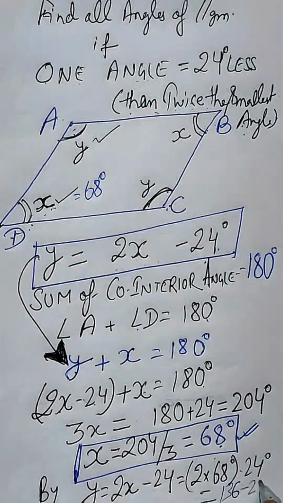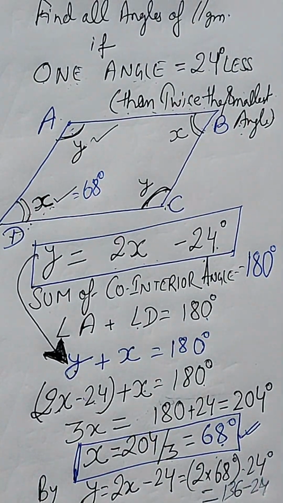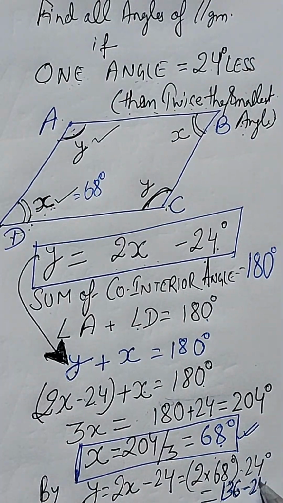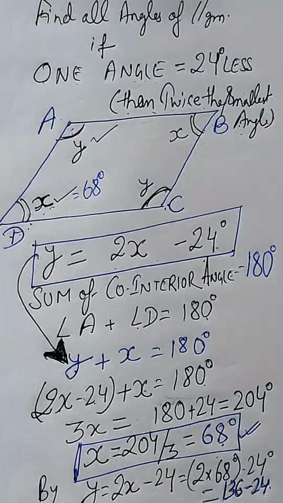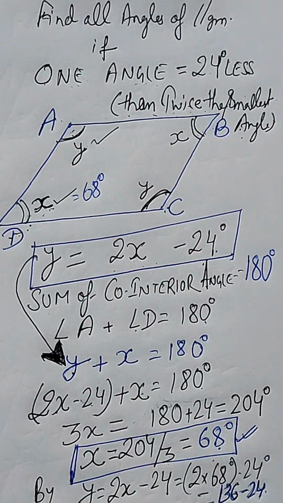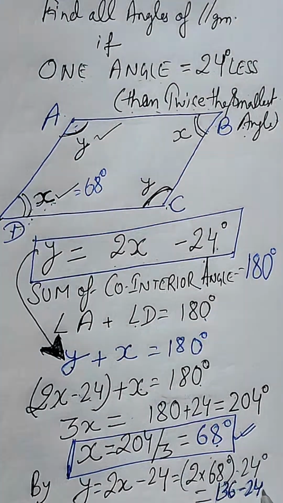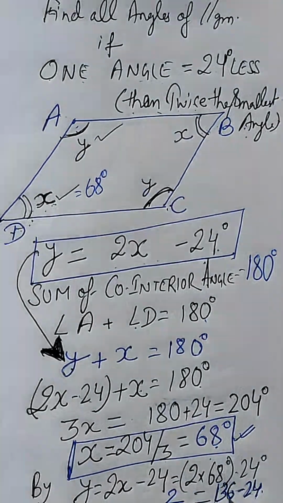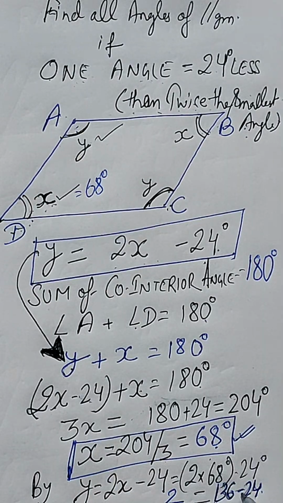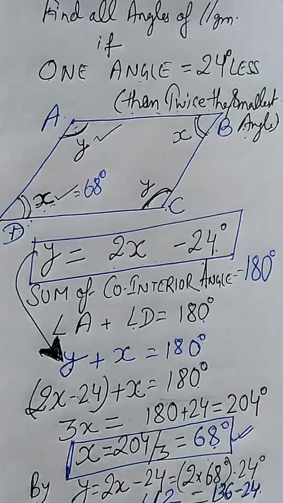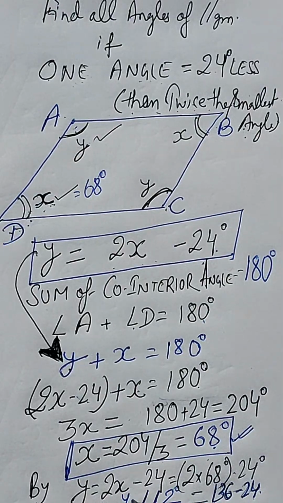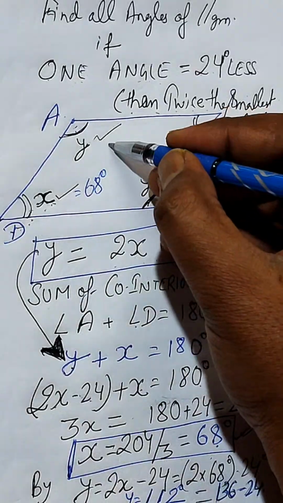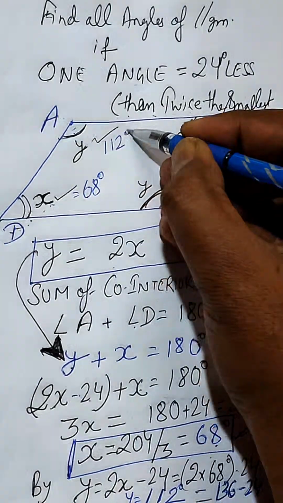So 136 minus 24. What is the value of that? 136 minus 24 is 112. So 112 degrees is the value of y. So this value is calculated as 112 degrees.